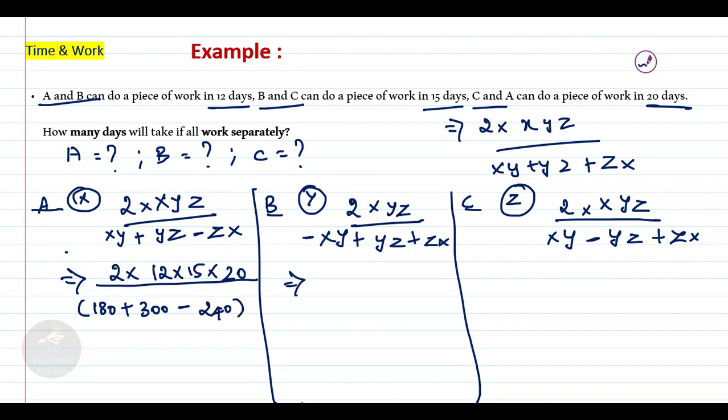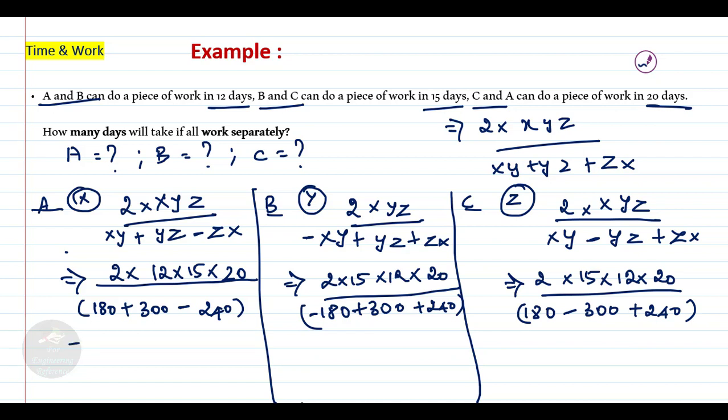Similarly we can write it over here also. By simplifying the values, 7200 divided by 240. By cancelling 0, 0, it's 30 days.